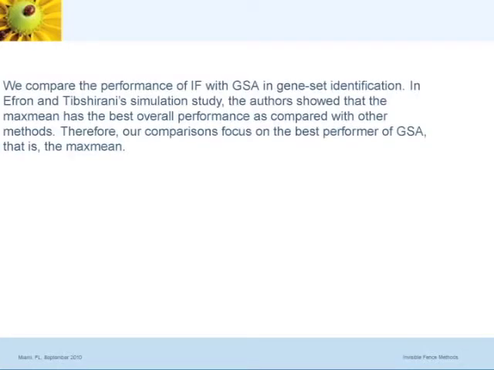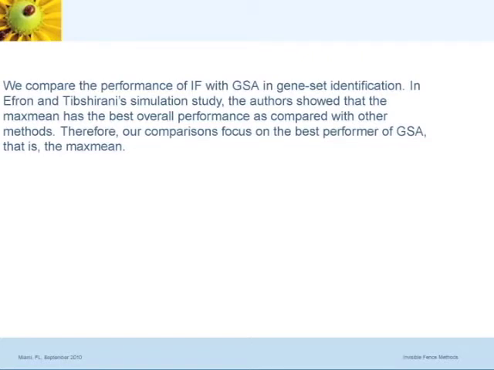Okay, so then we compare the performance of IF, which means invisible fence, with GSA in gene set identification. In the Efron and Tibshirani simulation study, the authors showed that the max mean, the one I discussed earlier, has the best overall performance as compared with other methods.